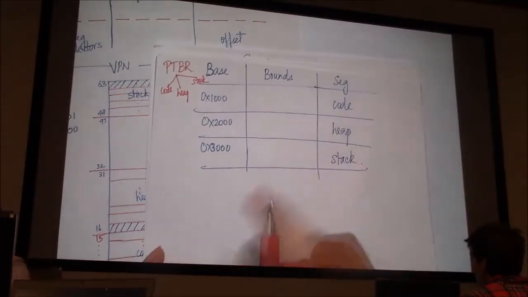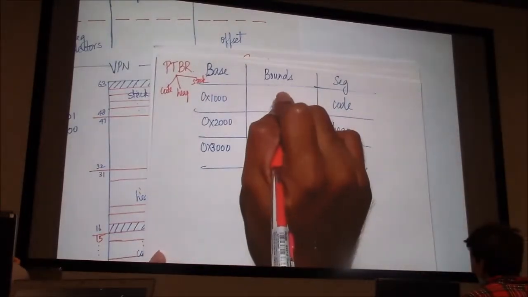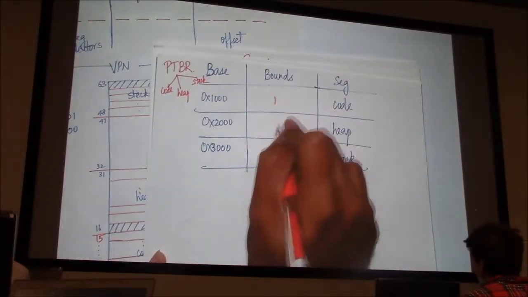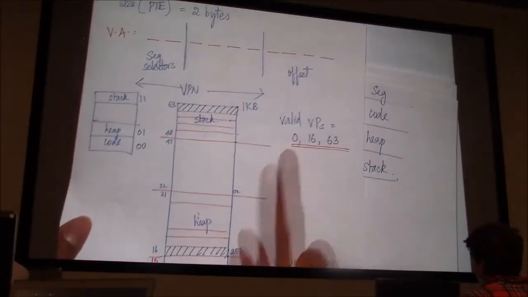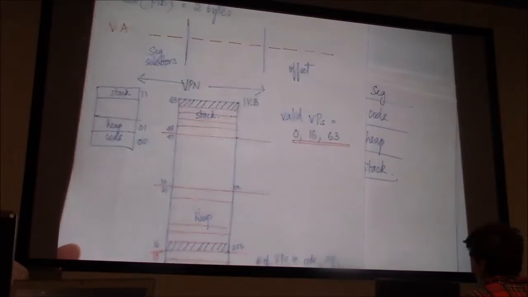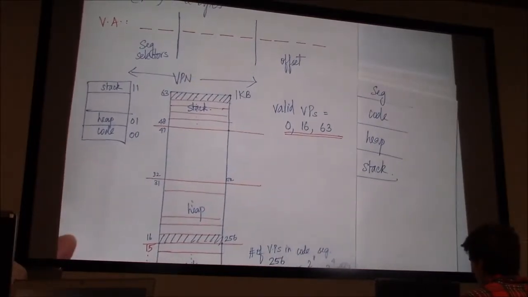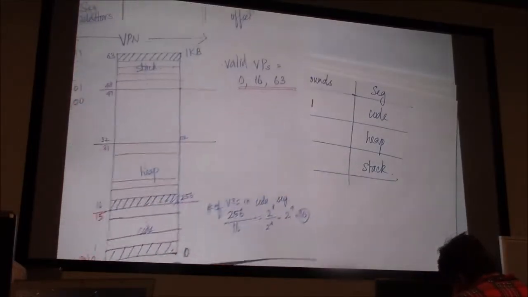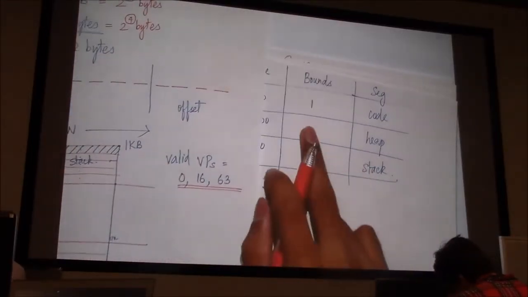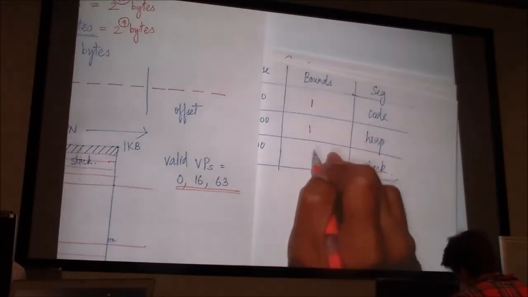But in this setup, in our example, we only have 1 valid page in code. So code is just going to have a value of 1. That's just 1 page table entry in the code's page table that is valid. And in this particular scenario, we will just have 1 in here also, 1, 1.